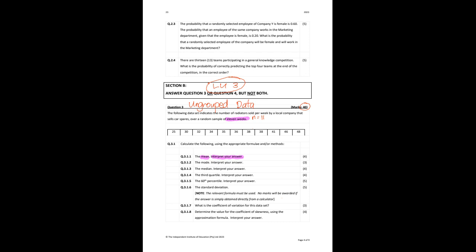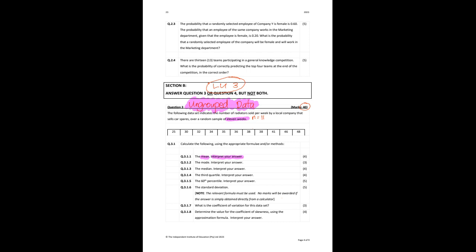So your mean when it comes to your ungrouped data, and remember ungrouped data is where your values are simply listed out for you. There's no categories, there's no groups of data. It's just individual numbers that are listed out for you. It's literal to the word ungrouped. It's not grouped, it's not categorized. It's random figures.